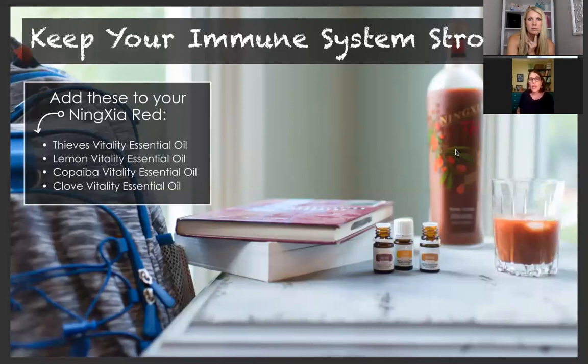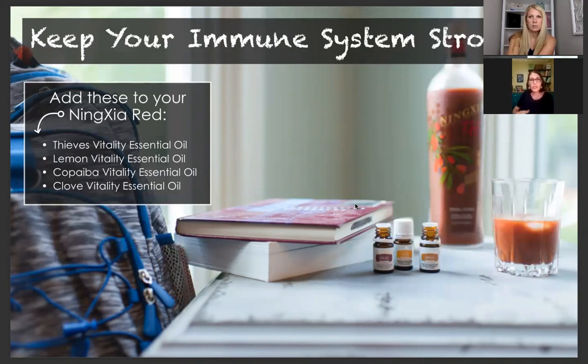So flipping the roles a little bit, instead of you teaching the students, I want you to be the student and do a little research about how copaiba is a kind of magical oil, and see what you can find out about Young Living copaiba. But Copaiba Vitality also comes in the premium starter kit.